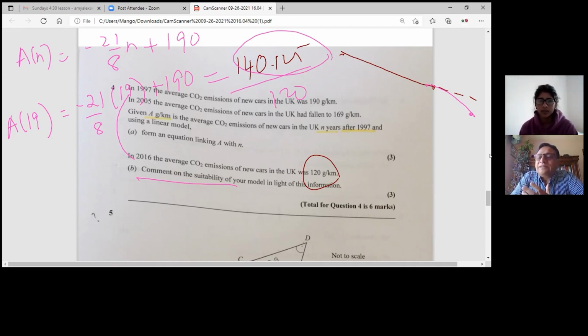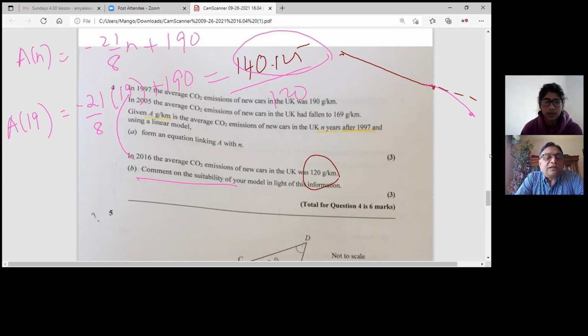So that means the car industry worked much harder and came out with much better solutions. The rate of improvement was higher because of whatever reasons, could be technology or whatever, over the next 10 years. So how do you know what to sub in, whether it's the number of years n or the outcome 120?